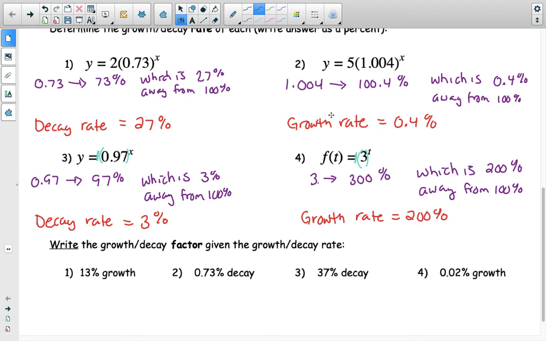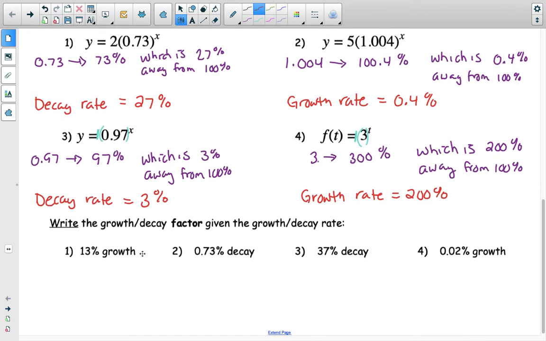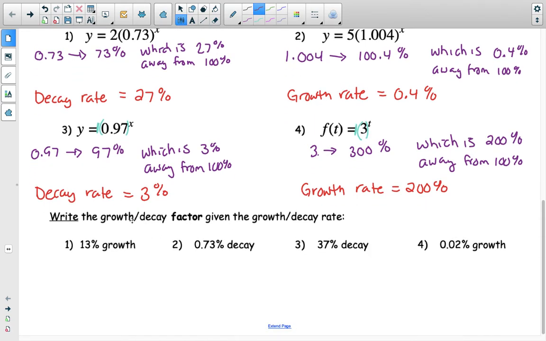Remember, we want the factor to write the equation. So if we're given the rate, we need to write the factor. And that's what we're doing on this next one. We need to write the growth or decay factor so we can write the equation. The factor is the main thing we need, but we're going to be given the rate. We need to determine, using the rate, how far away from 100 that will take us. So on number 1, it says 13% growth.